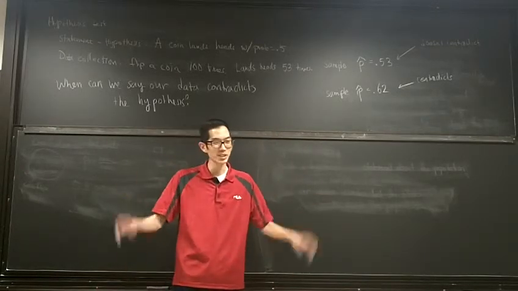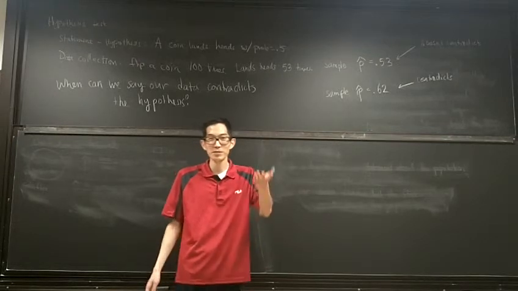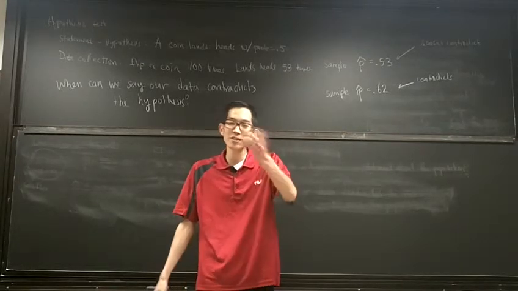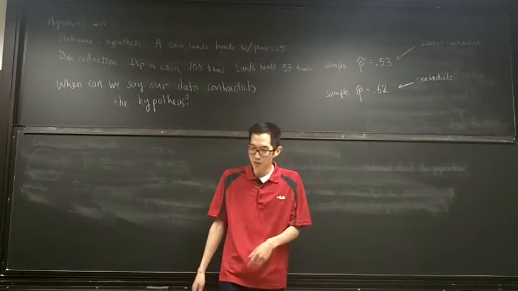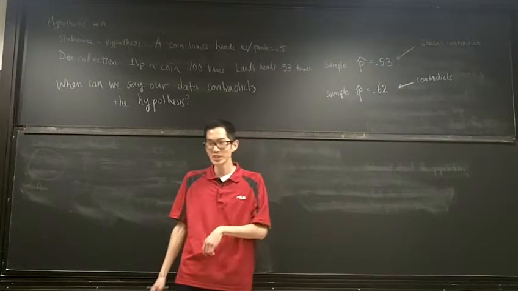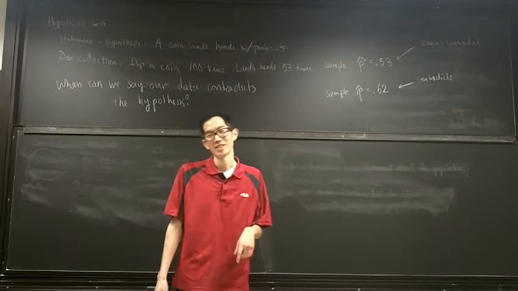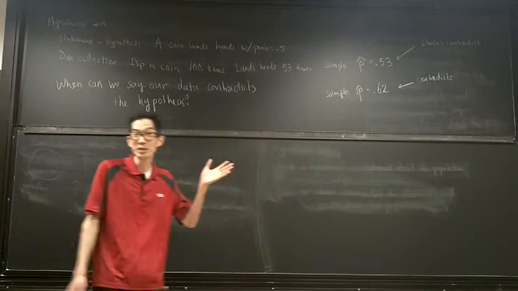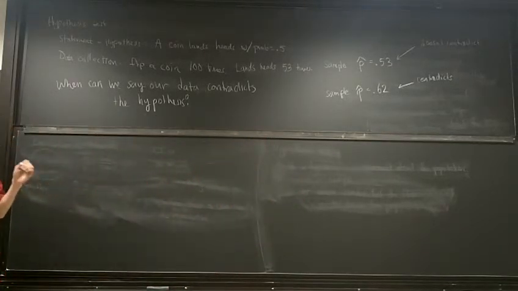So I say, oh, nobody gets an A. Yeah, you'd say, all right, probably your coin is cheating. You're not playing the game fair, right? You might be thinking that. Okay.